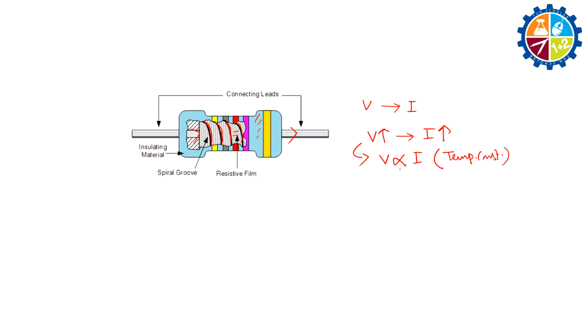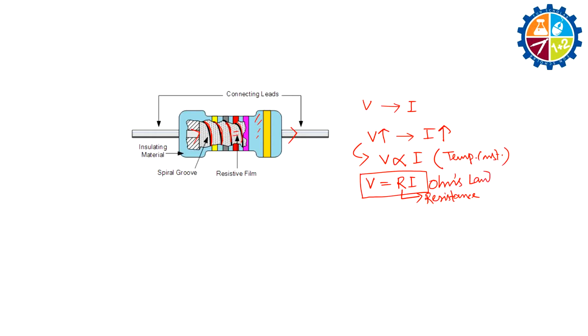To remove this proportionality, I'll need a constant, right? So I can write V equals to, I put a constant as R, and then I. This R is nothing but resistance, and this equation is known as Ohm's law.